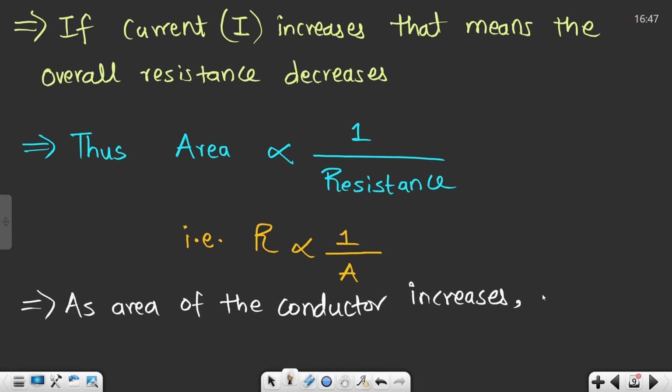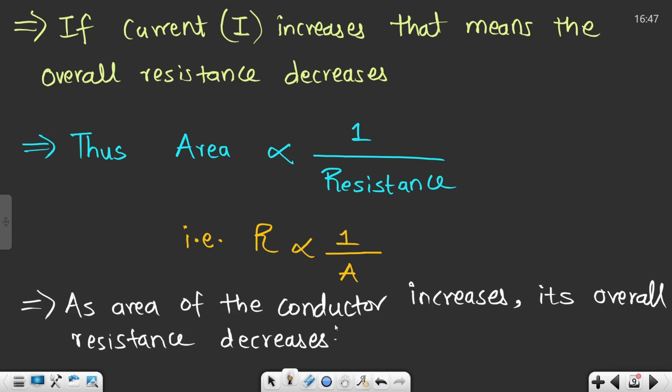Its overall resistance decreases. And I hope now you are able to understand this particular concept. As area is increasing, resistance is decreasing, and vice versa as well. Okay.